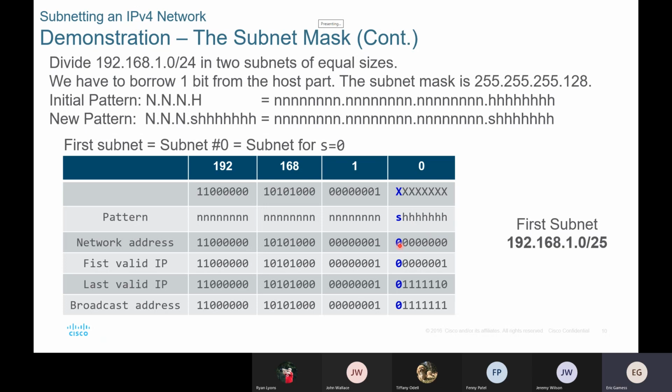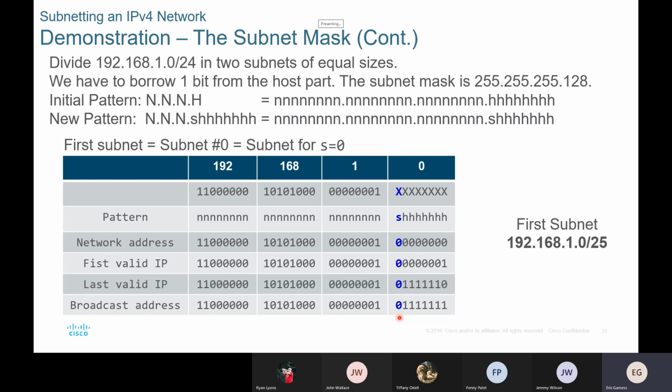Now, let's talk about the broadcast address. How do we get the broadcast address? We change all the host bits. We have 7 host bits. We change them to 1. So here I'm computing the broadcast address in the last row. If I change all of them to 1, I will get this number. What is this number? 127.